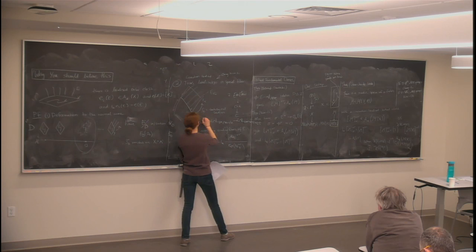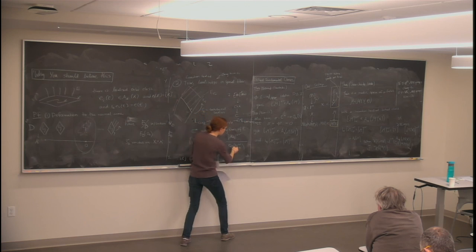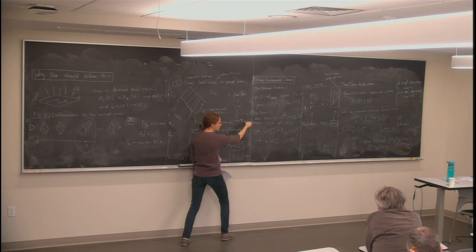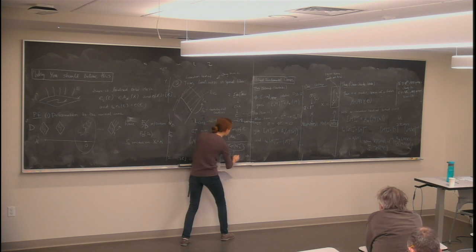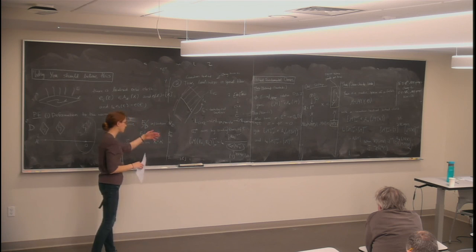And this moving part, because it's basically like E and E dual, once I push it forward, I get a sign that is equal to the Euler characteristic of E. So that's where the result comes from.